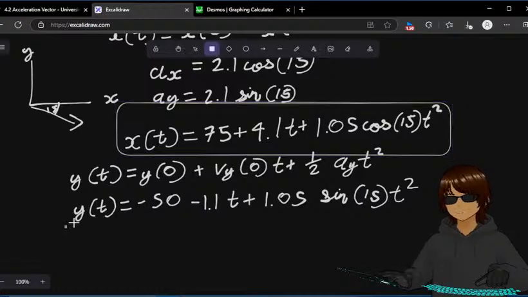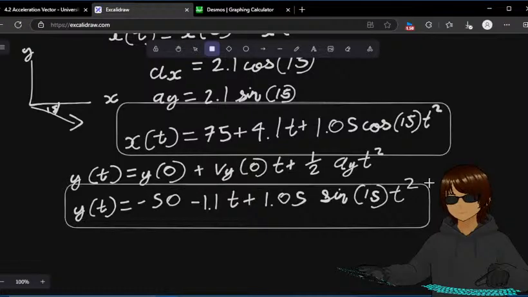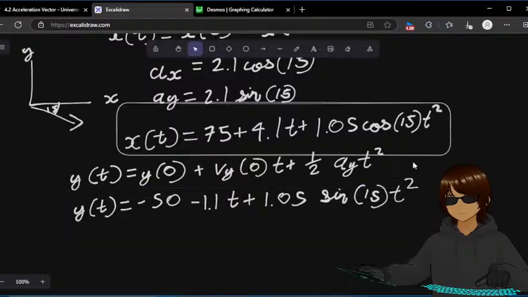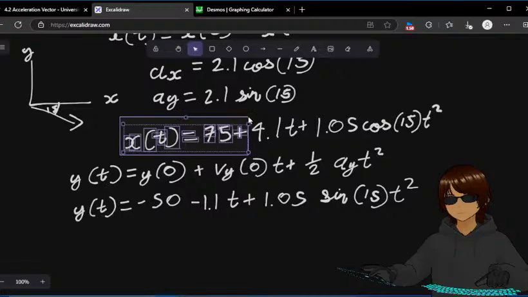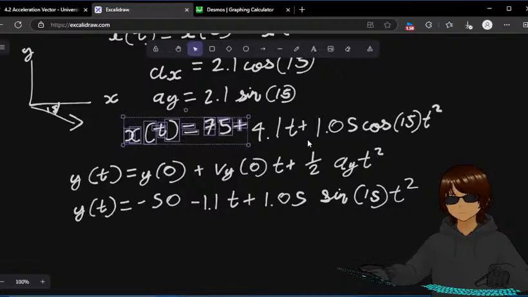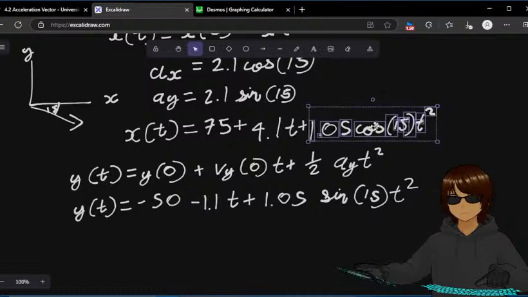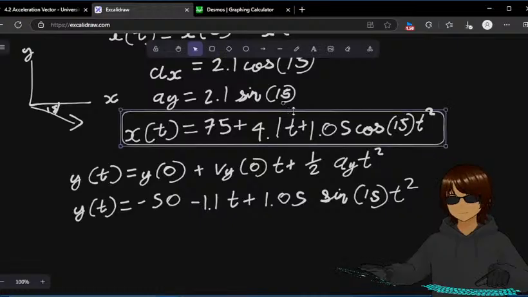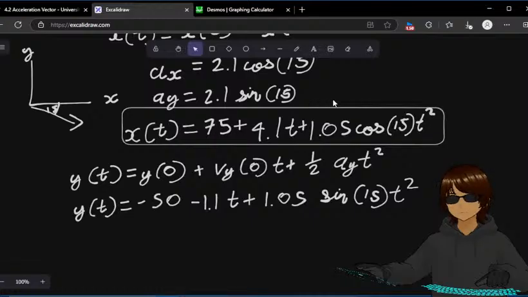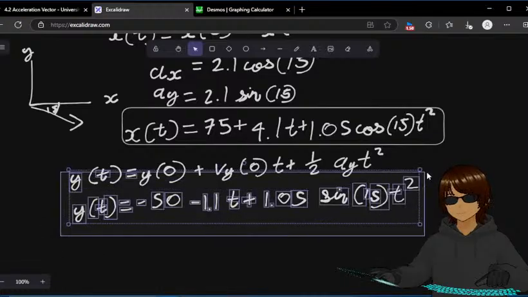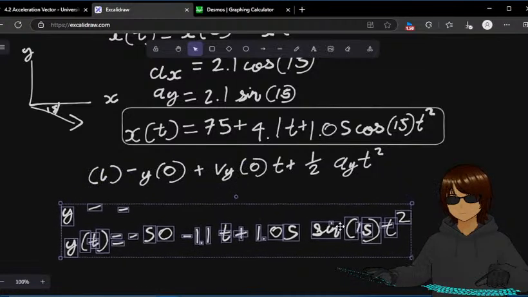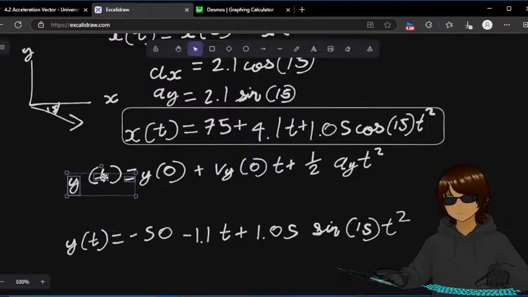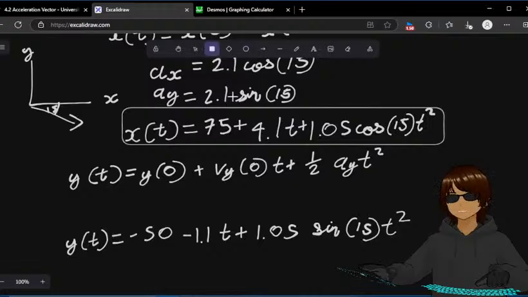Let's put a box around this, and let's put a box around that.